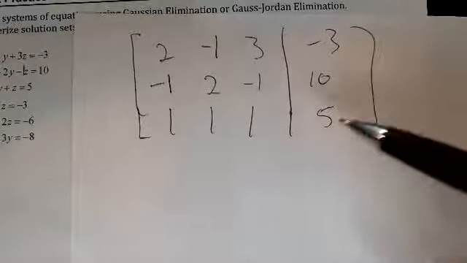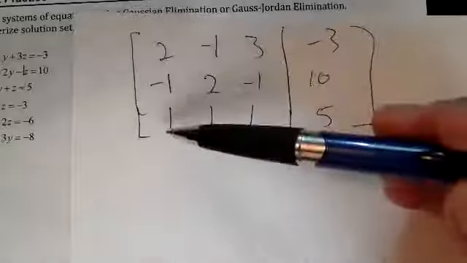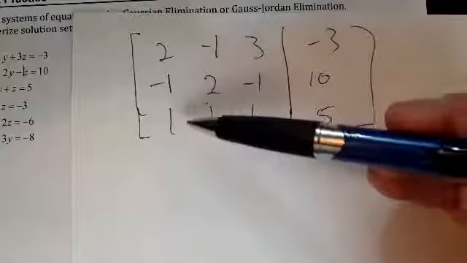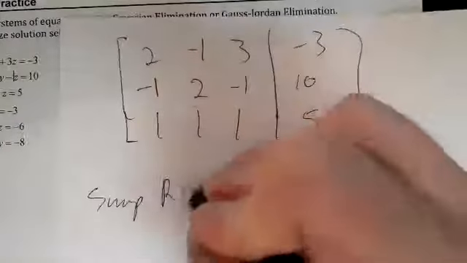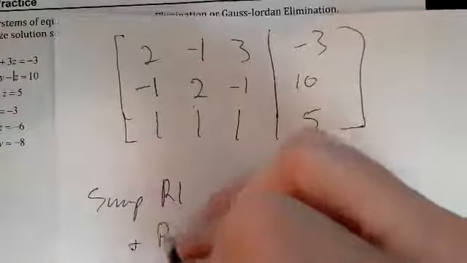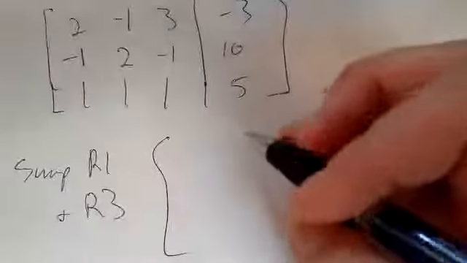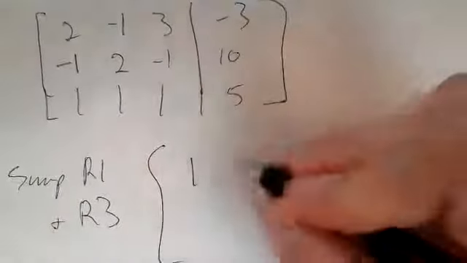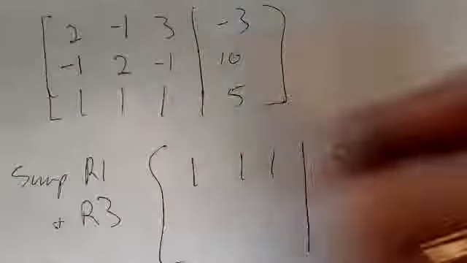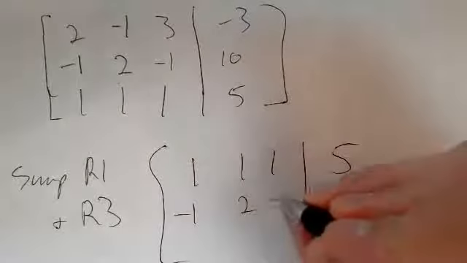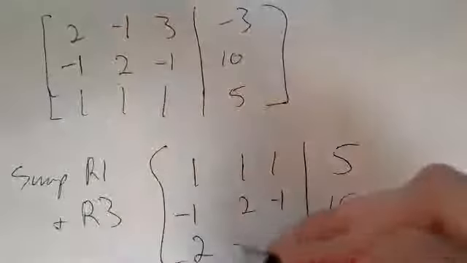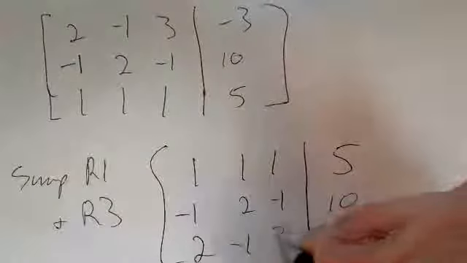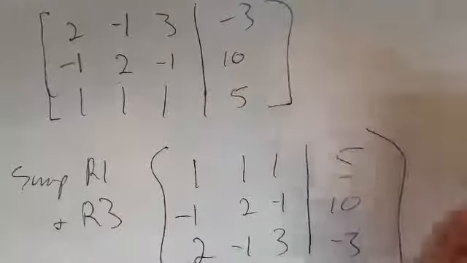The way I went about it is, if I want to get a 1 up here, this bottom row has 1s, so the first thing I did was swap row 1 and row 3. That looks like 1, 1, 1, 5, then negative 1, 2, negative 1, 10. That doesn't change. Now I'm doing the top one down here, 2, negative 1, 3, and negative 3. Here we go.